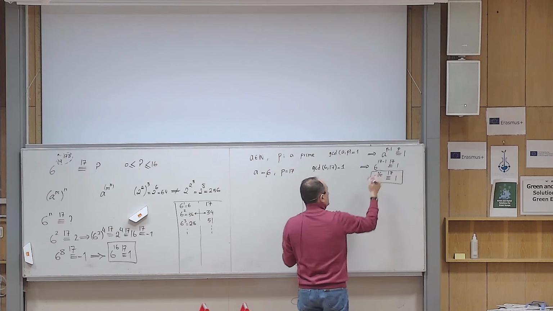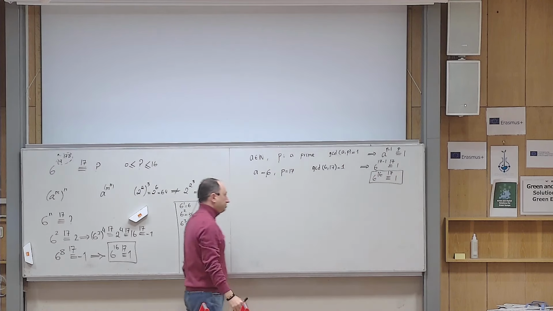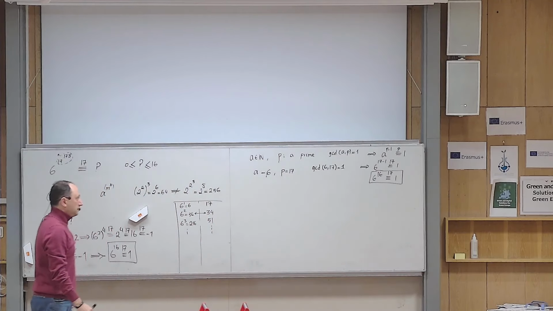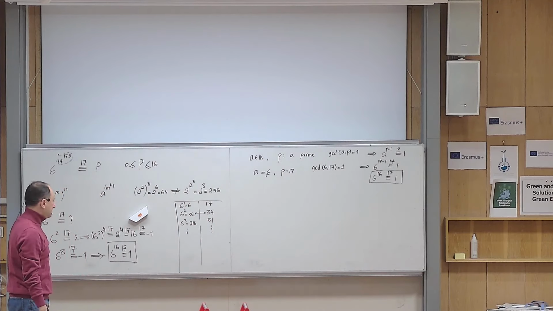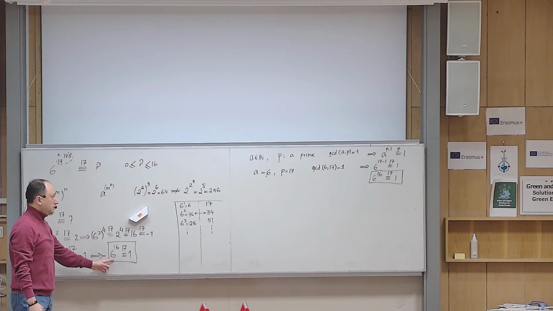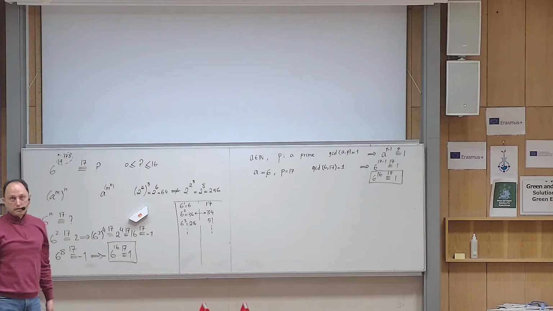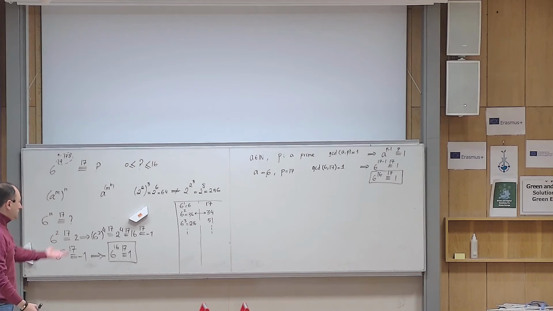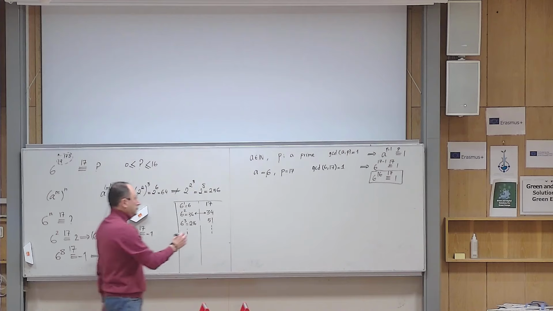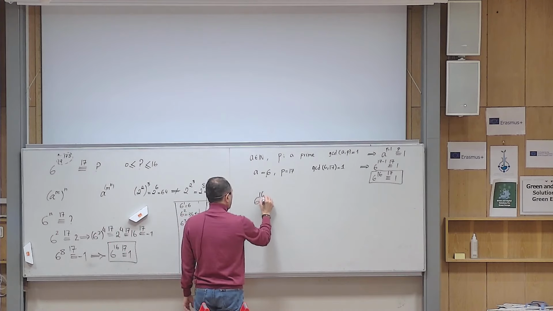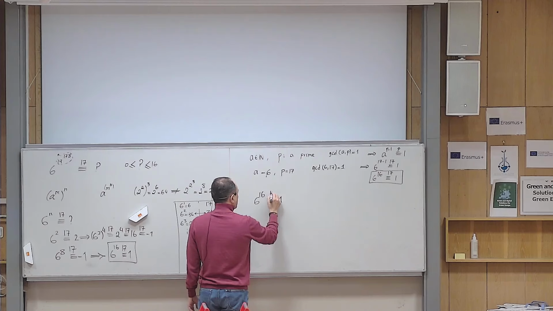So the people who know number theory at a more advanced level could immediately write this, not by this trick, but by Fermat's little theorem. Anyway, we have it now. So let me write it here: 6 to the power 16 is congruent to 1 modulo 17.